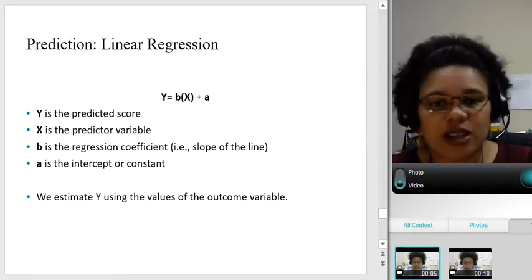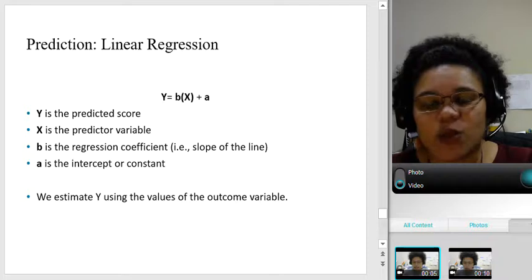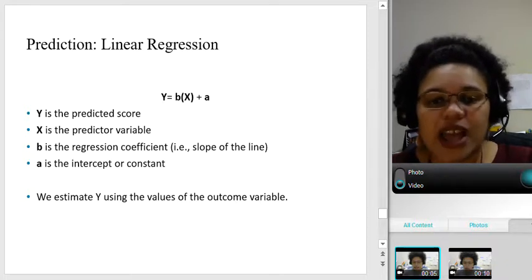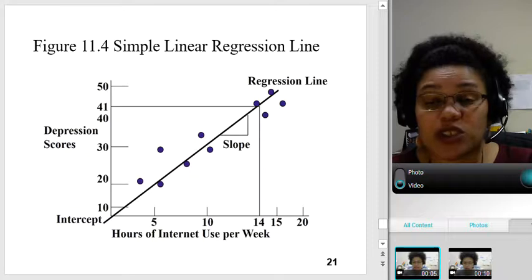Y is the predicted score, x is the predictor variable, B is the regression coefficient, which is the slope of the line, and A is the intercept or the constant, what y is when x is 0. And we estimate y using the values of the outcome variable. We'll touch on this more later on. You'll see how to do this.